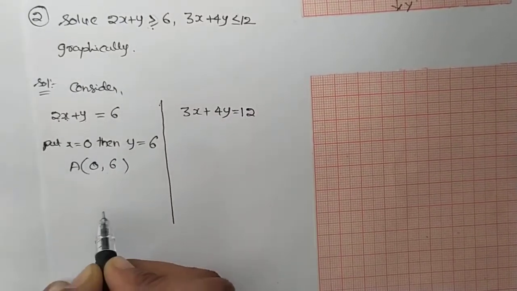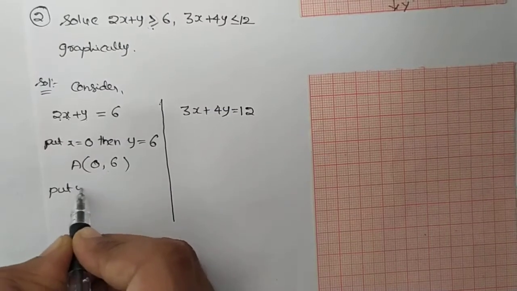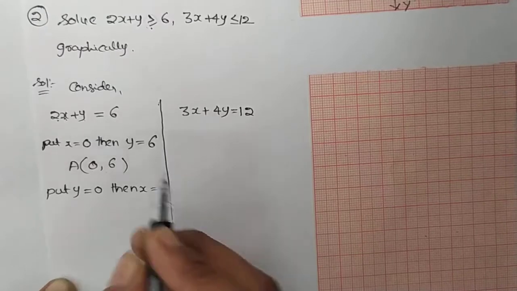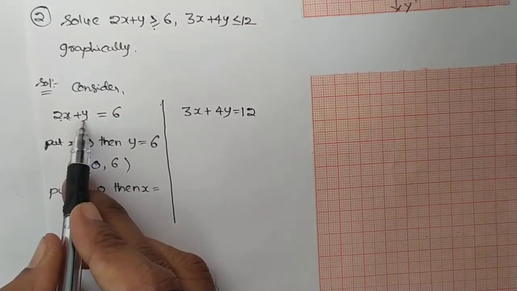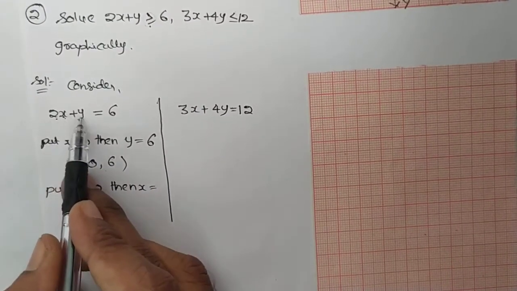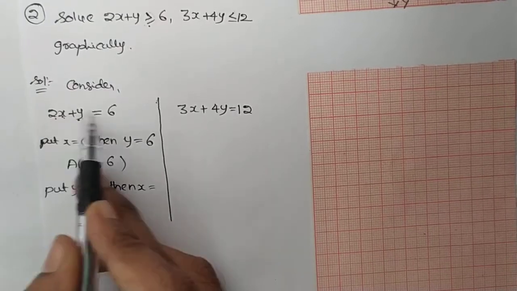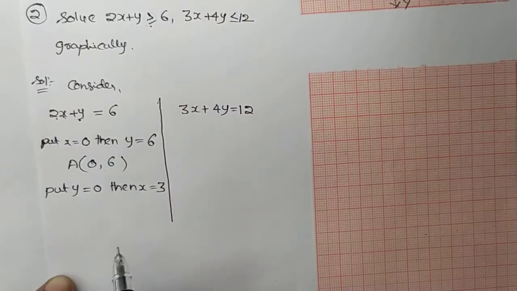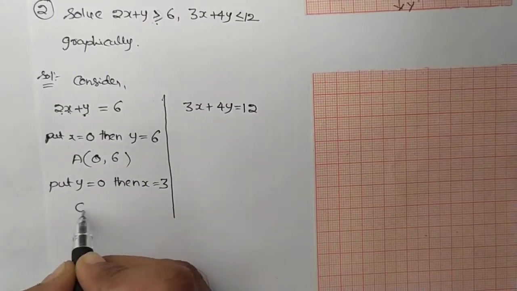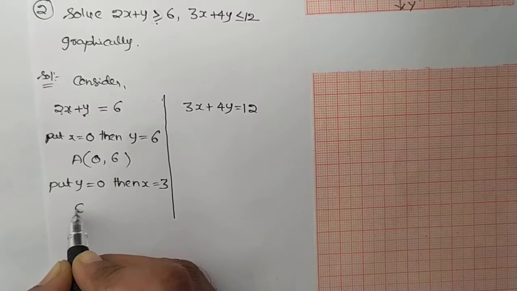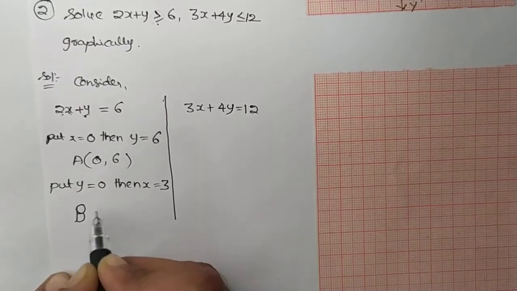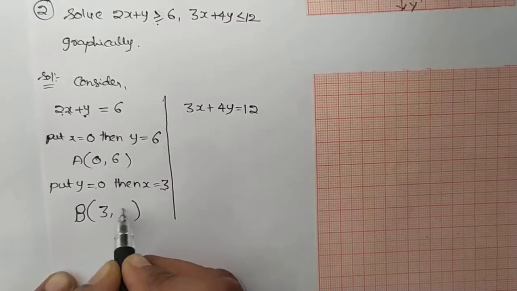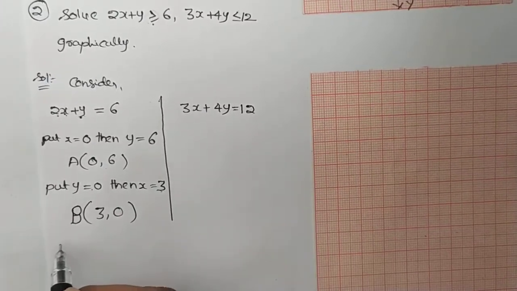Next, put y equals 0, then x equals what? 2x plus 0 equals 6, 2x equals 6, x equals 3. Therefore the point B will be 3 comma 0.